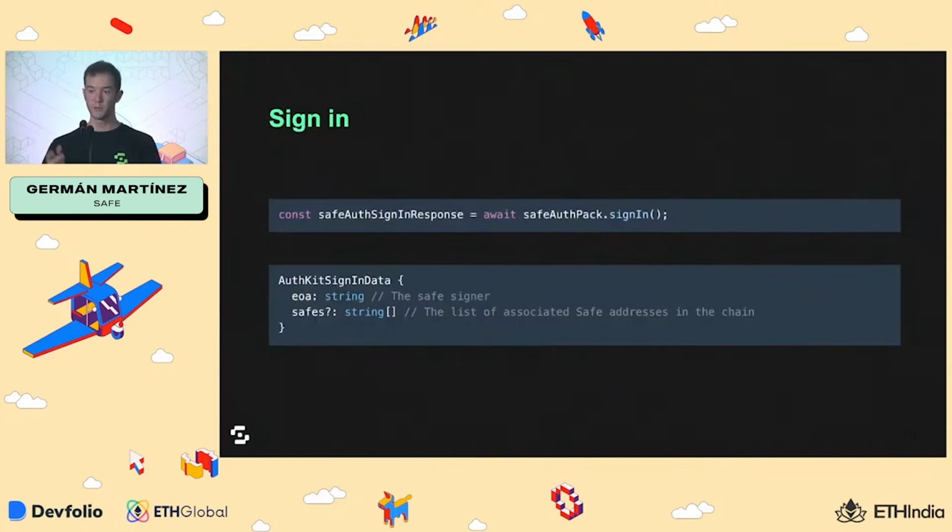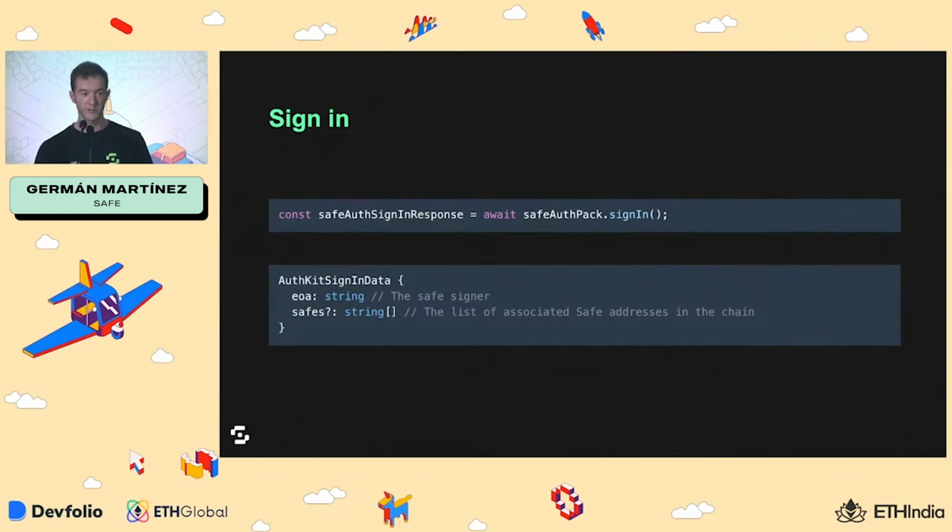Then as a user, if you want to sign in with your email and get this pop-up open so you can select your Google account, that could be opened by calling the SafeAuth pack instance signIn method. And this will return an object with two properties: EOA, which is the signer returned by the MPC provider, and then a list of safes in case this signer already is an owner of any kind of safe.